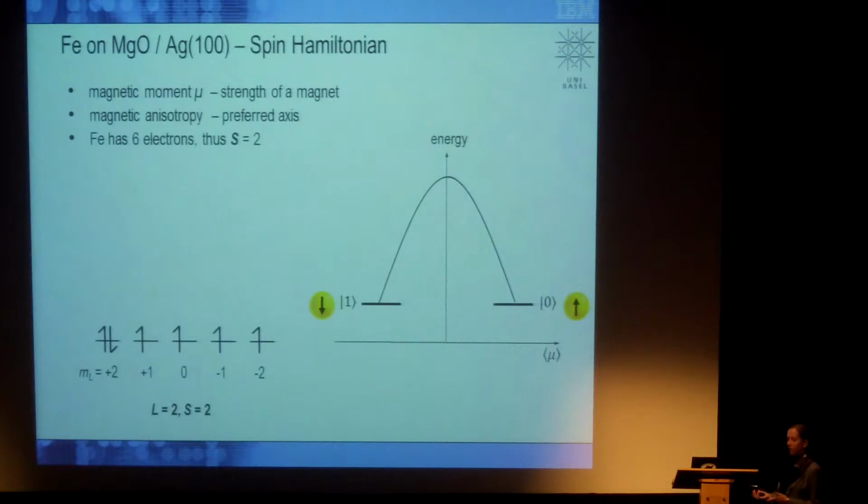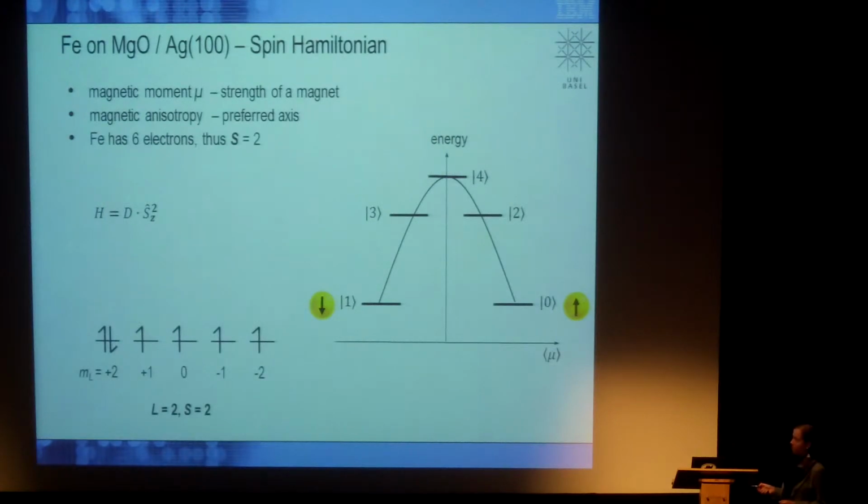Since iron is an atom with 6 electrons on a surface, according to Hund's rules it has an orbital moment of 2 and a spin moment of 2. The consequence of that is that you have 5 discrete levels in your energy diagram for the iron atom.